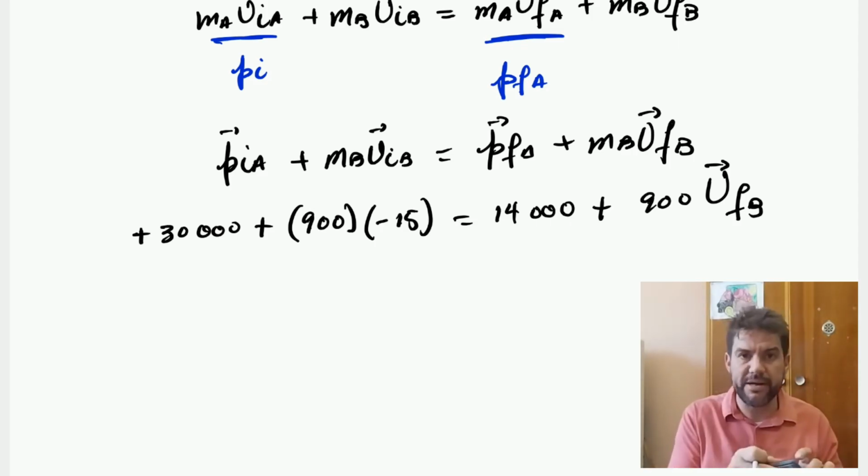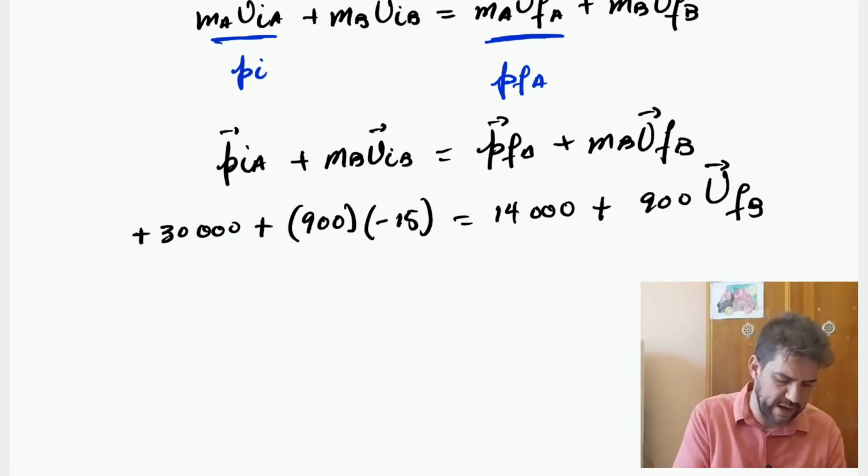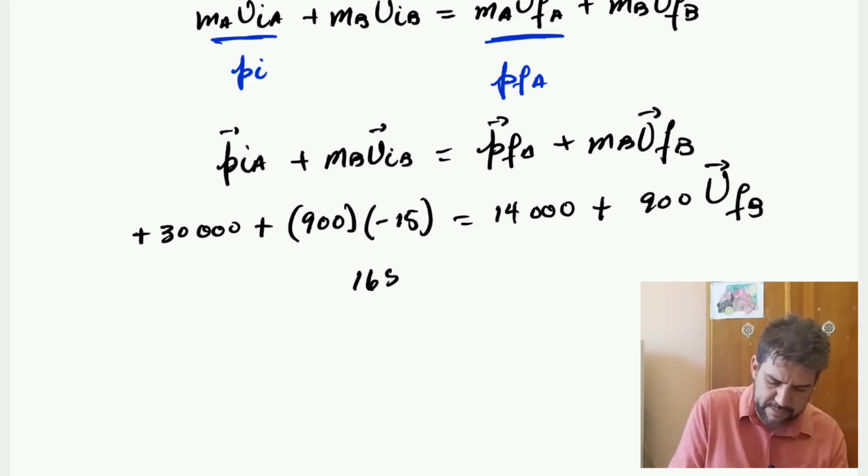So now, doing all the calculation real fast, we have 30,000 minus, so we get that this one is 16,500 positive.